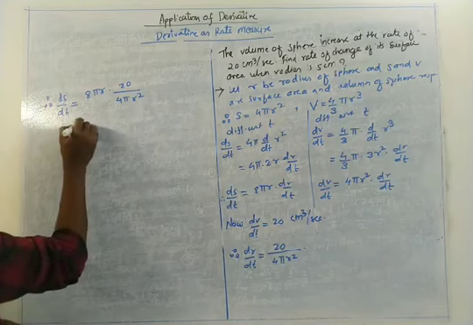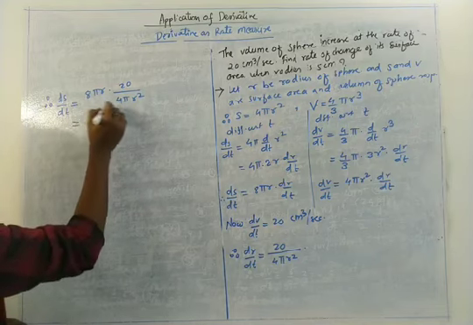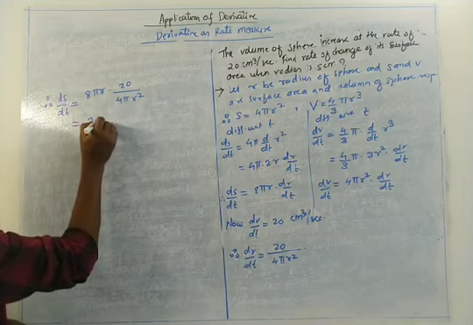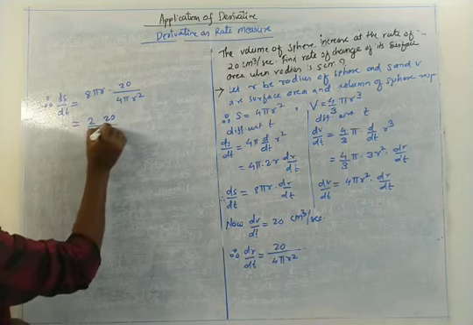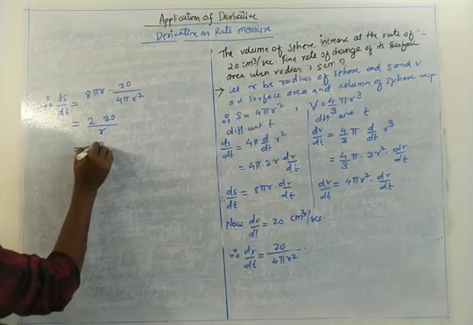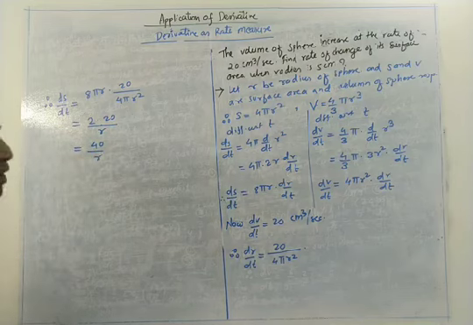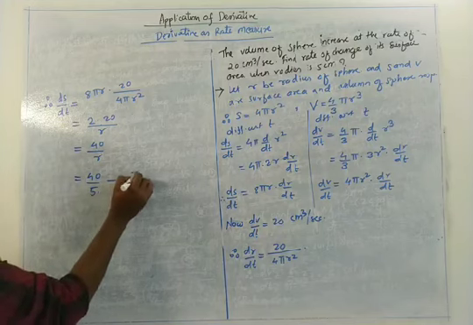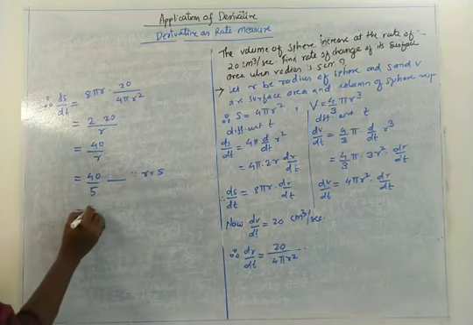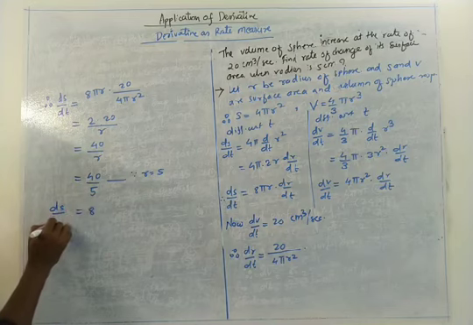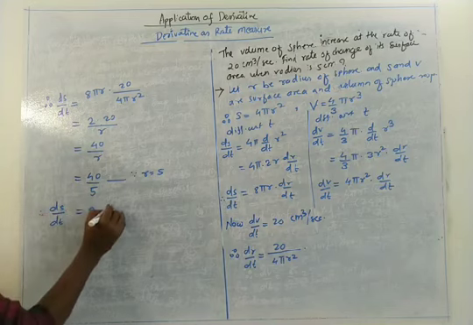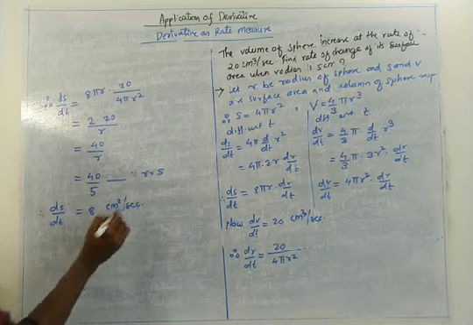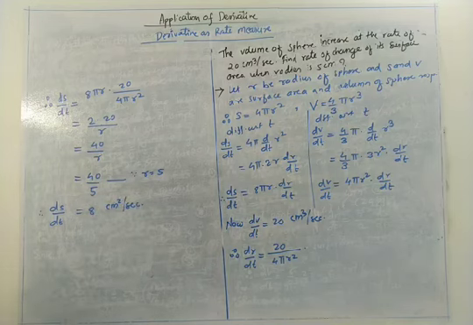So now the 4 will get cancelled with 8, 2 pi gets cancelled and 1 r gets cancelled. So 2 into 20 upon r, so 40 upon r. And now the radius is given as 5. So 40 upon 5, since r is equal to 5, dS by dt is 8 centimeter square per second. So the rate of change of surface area is 8 centimeter square per second.